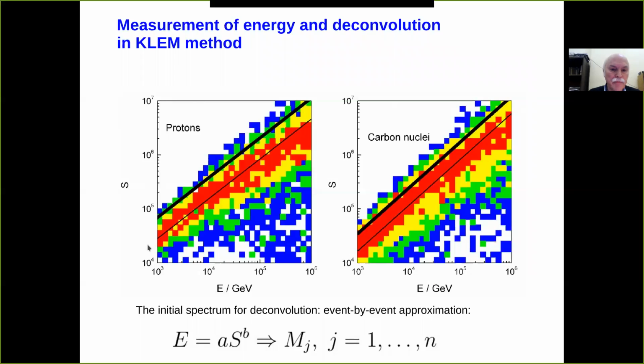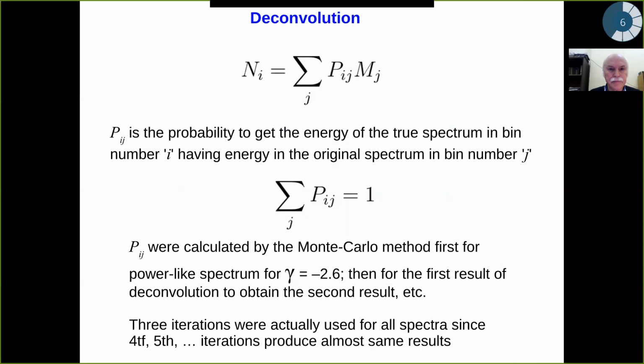You see strong correlations of S and E, and it permits establishing a connection of E with S in a power-law shape. A and B are the parameters that can be obtained from these diagrams.